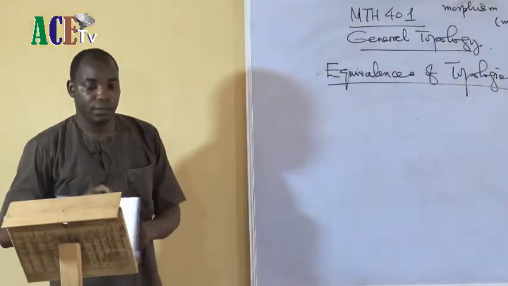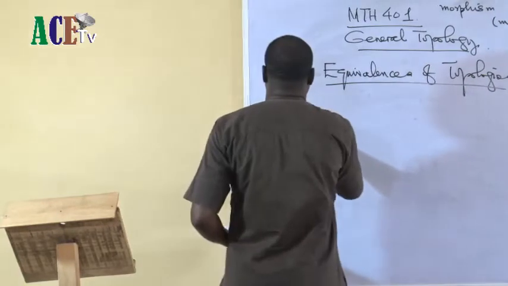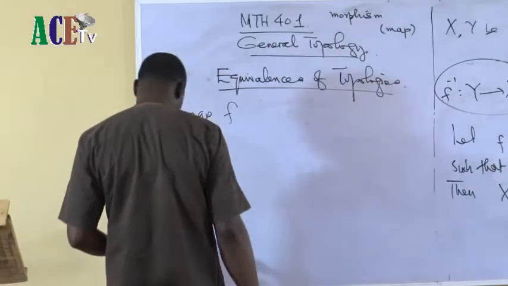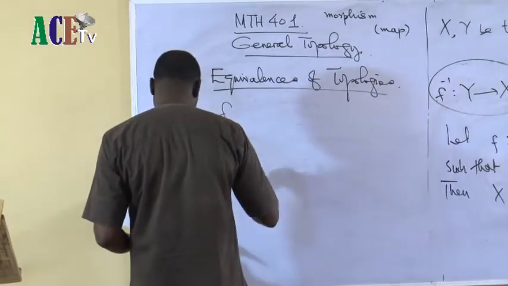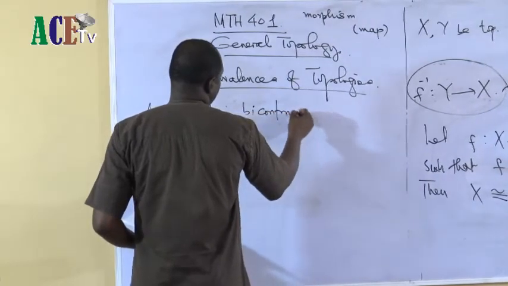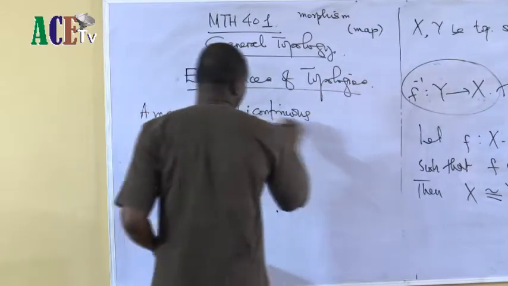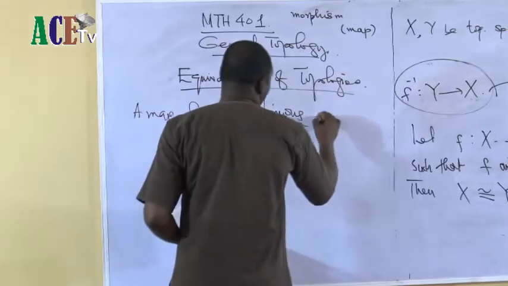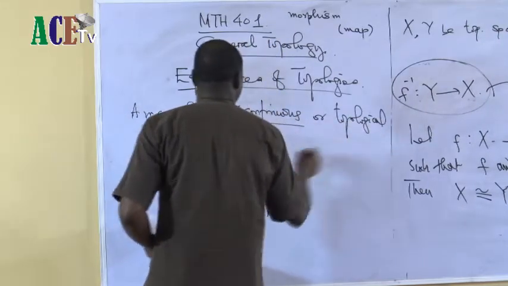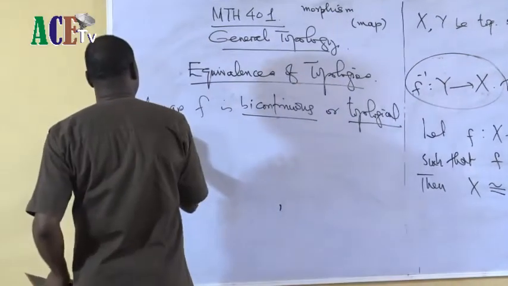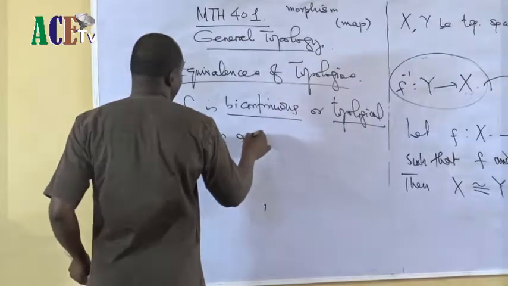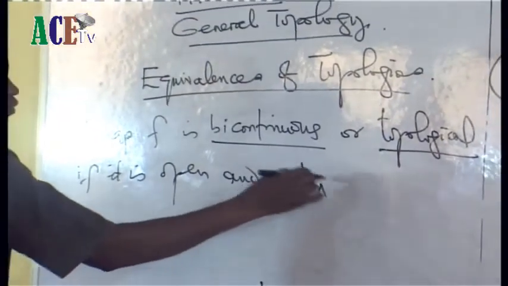So, a map F is bicontinuous or topological if it is open and continuous.